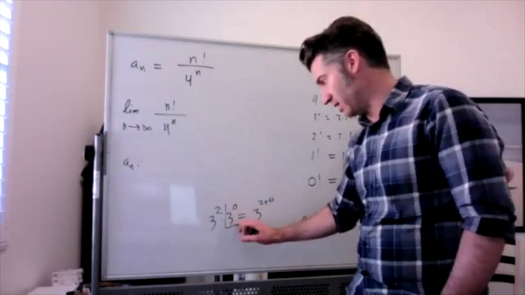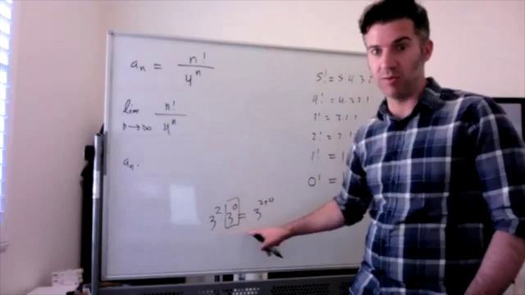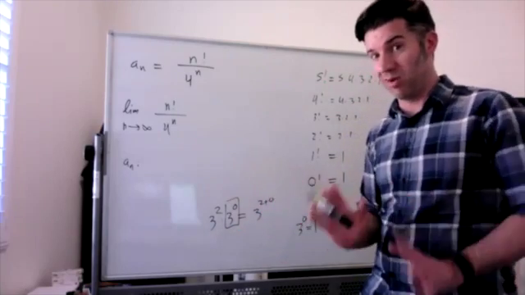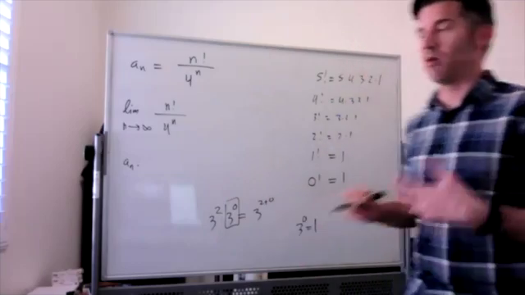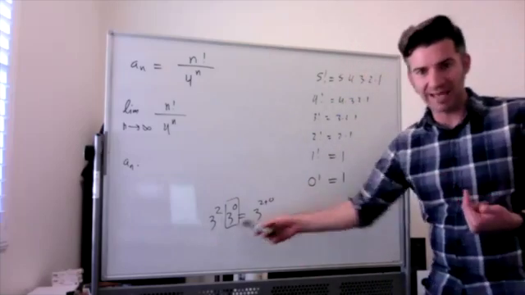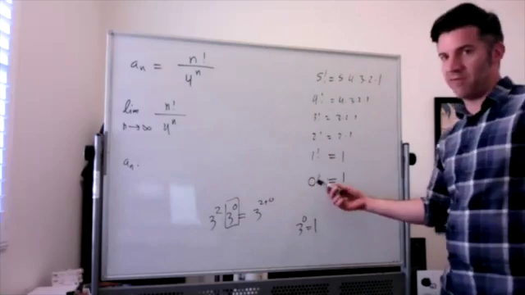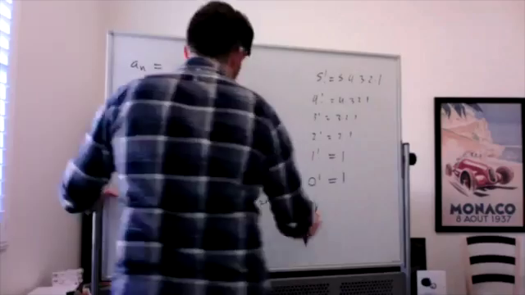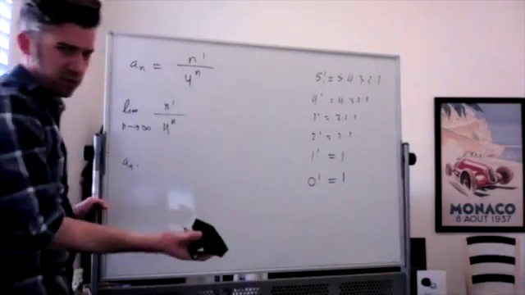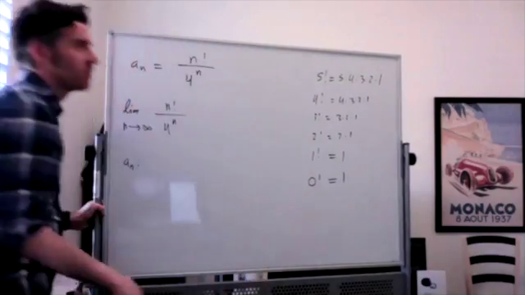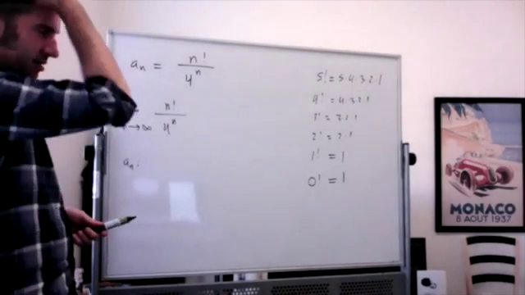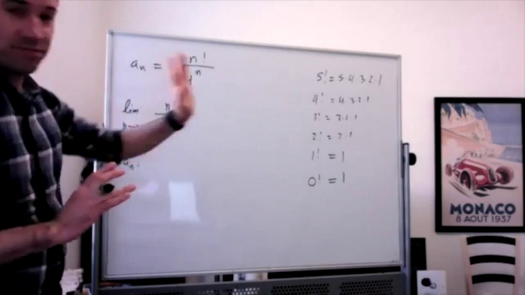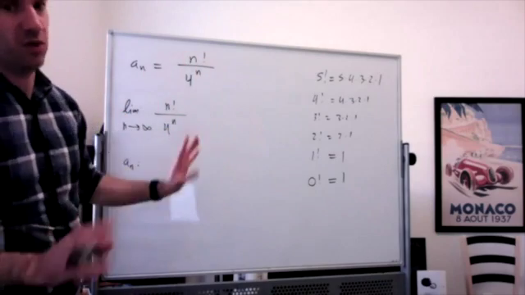But that means this has to be 1, because 3 squared times 1 equals 3 squared. There are similar reasons at play that I don't want to get too deeply into here, but there are reasons like this that make it so 0 factorial has to equal 1, otherwise the whole picture falls apart. It has to do with combinatorics, which you might see eventually. Anyway, 0 factorial is 1. Don't worry too much about it.